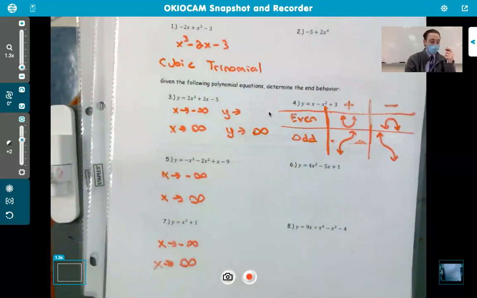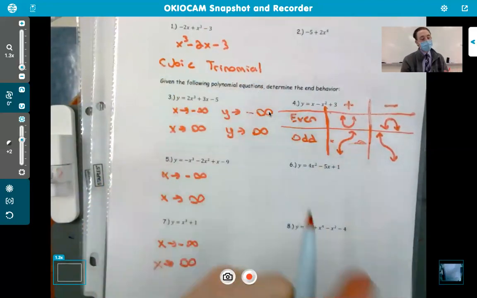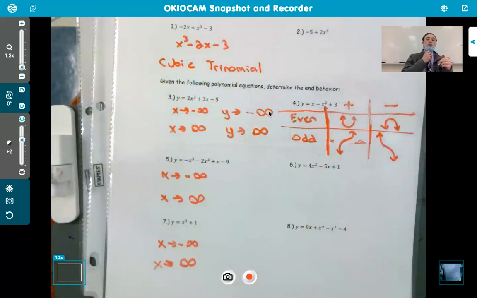Towards positive or negative infinity. It's going down, right? So it's going towards negative infinity. Right? If it's going up, that's positive infinity. If it's increasing, if it's going down, that's negative infinity. That's decreasing. Okay. Any questions about example 3?